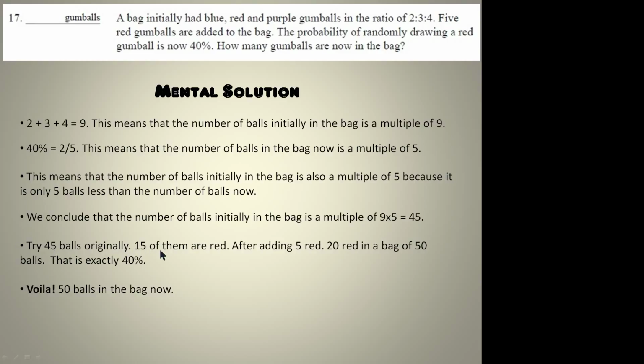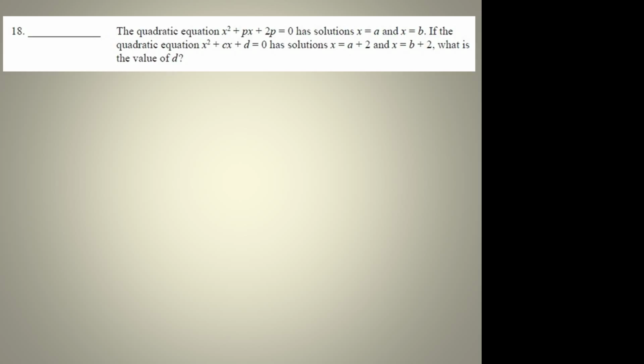If we add 5 red balls, it will be 20, then it will be 20 out of 50. 20 out of 50, voila, is 40%. So this checks out. That means right now we have 50 balls in the bag.